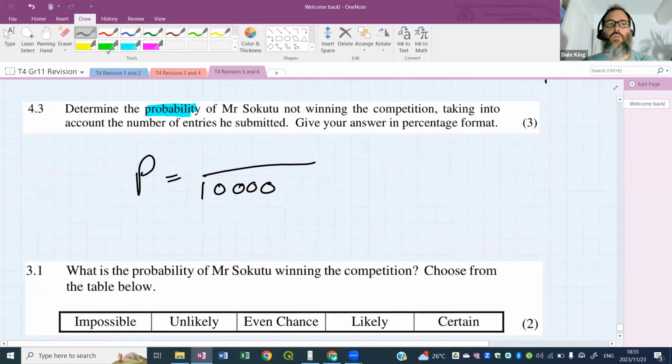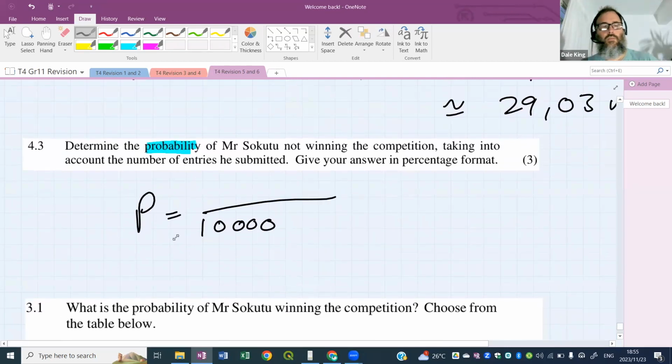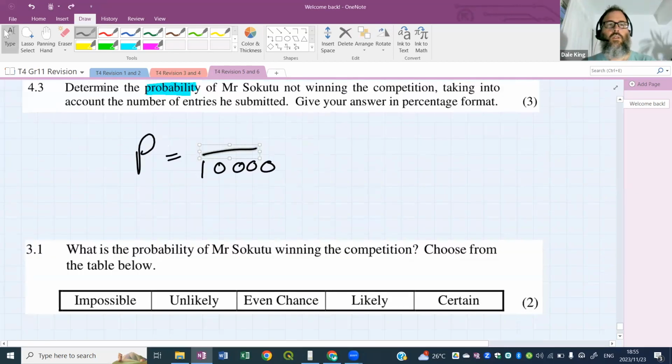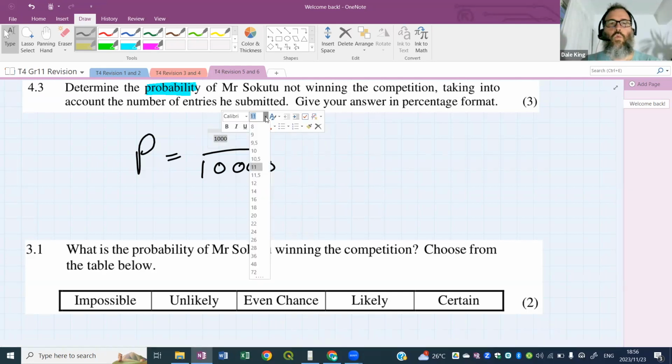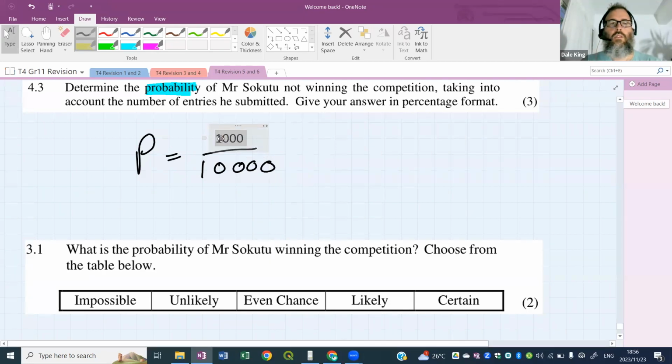Okay, so the chance of him not winning is all the other entries. So 1,000, let me type it in here at the top. A 1,000 will get you a win. So what will you need to not win?